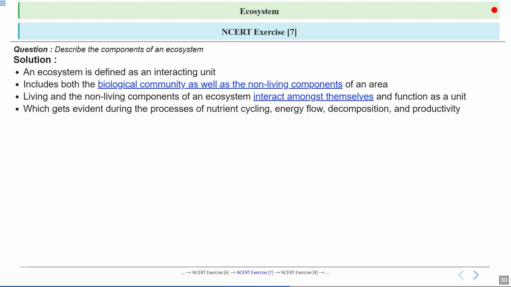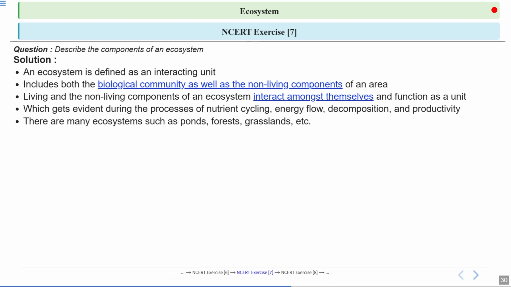In an ecosystem, you will see processes going on like productivity, okay, then energy flow. Then you can also observe the nutrient cycling as well. Clear? So you will see nutrient cycling, energy flow, decomposition, and productivity. These are the 4 processes going on in an ecosystem.